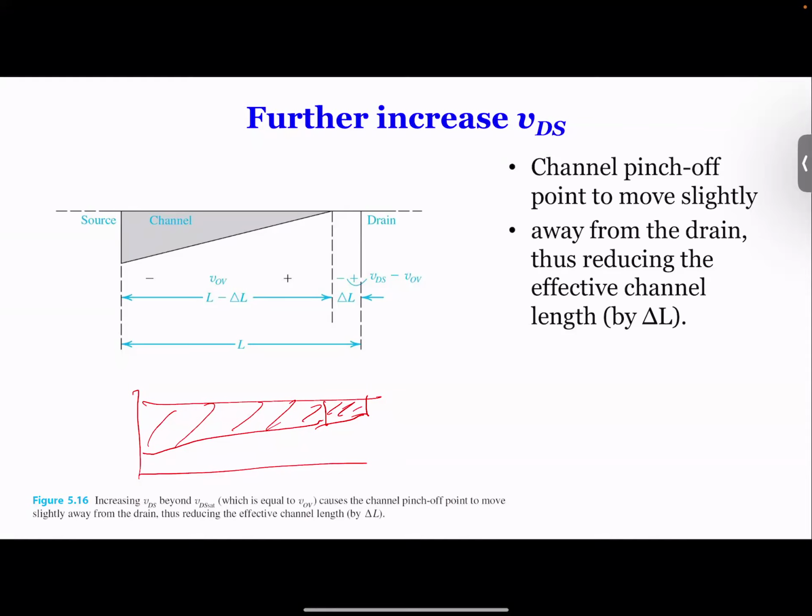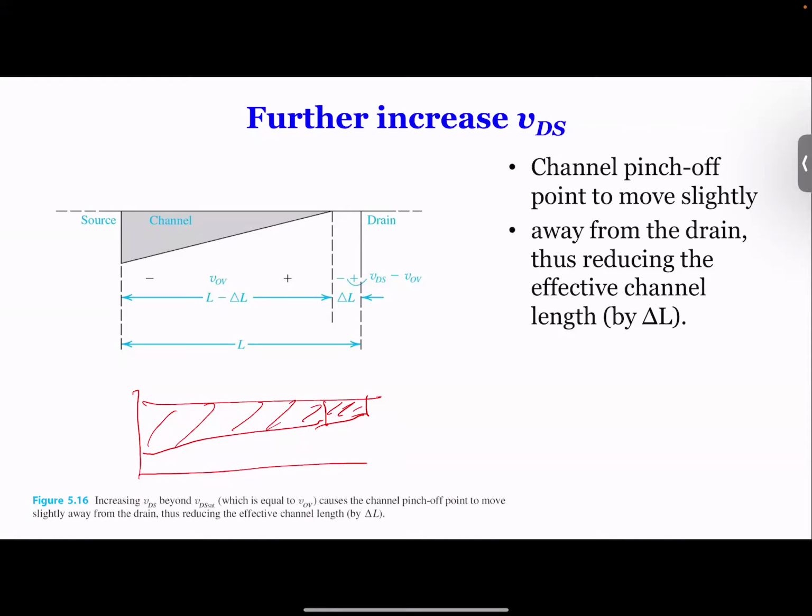Now, sometimes if you further increase VDS, you got this channel. One side is open, but on the other side it's zero, like a triangle. And if you increase VDS further, it actually moves away from the edge, the top graph.